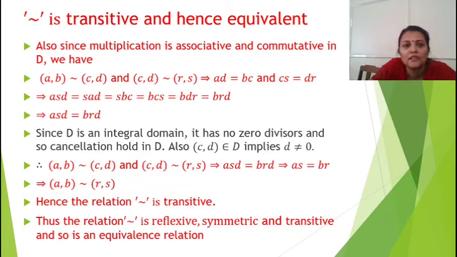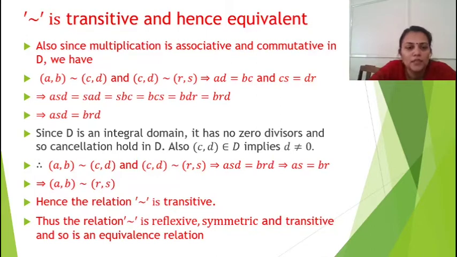For that, since multiplication is associative and commutative in D, we have (a, b) ~ (c, d) and (c, d) ~ (r, s), which implies ad equals bc and cs equals dr. Now consider asd, which is the same as sad, which equals s times bc, since ad equals bc.